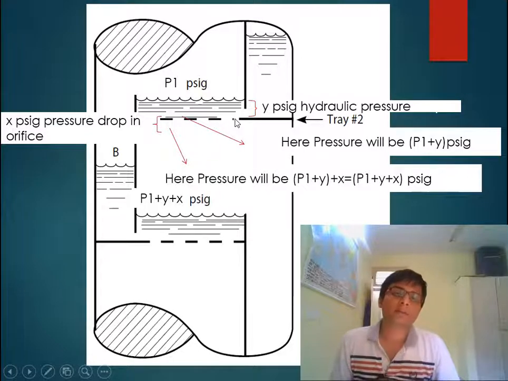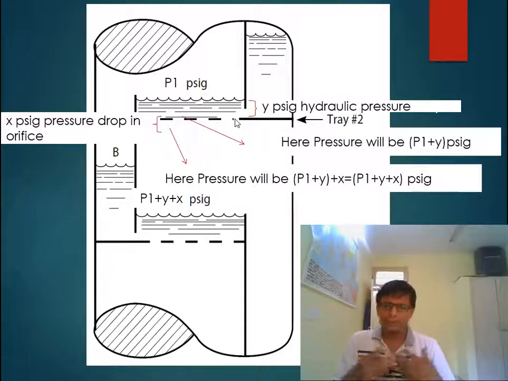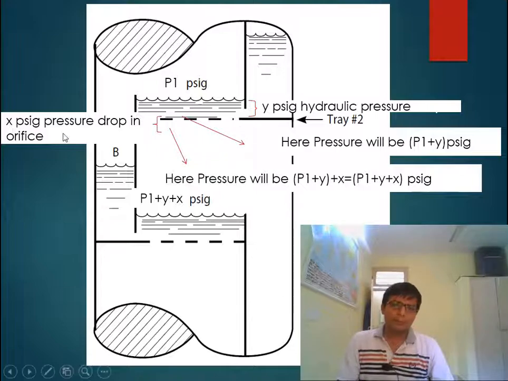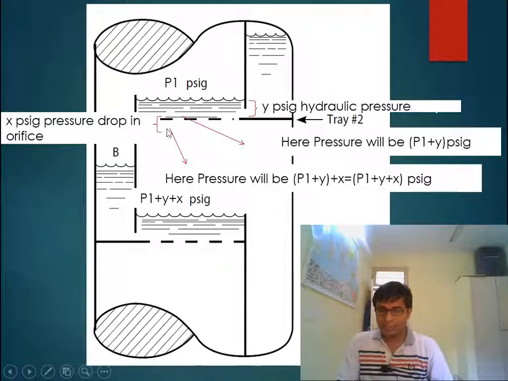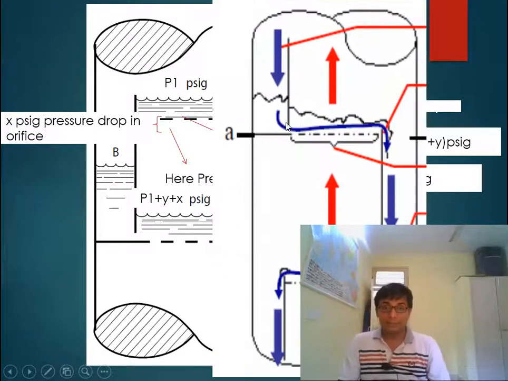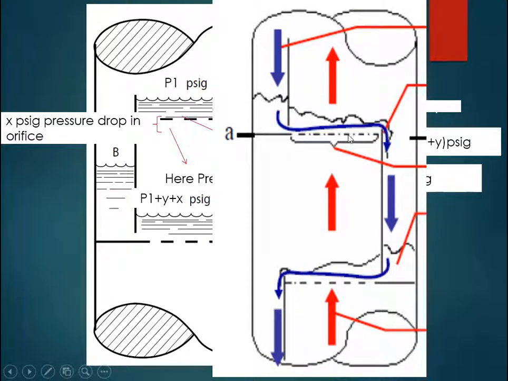So earlier, what I usually thought was that weeping takes place when this dry tray pressure drop becomes extremely low compared to Y1, so the pressure will be higher at the bottom of the tray, but that excess pressure is much lesser. Usually when liquid exits from the downcomer, the liquid height on the tray is higher than where the liquid exits.